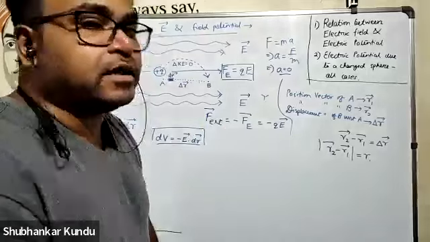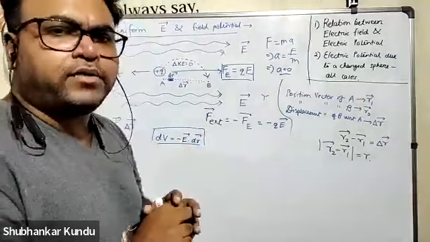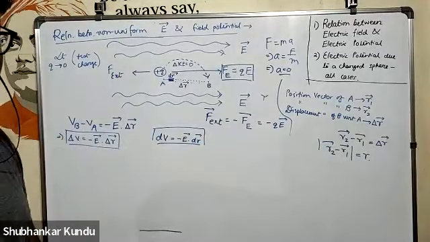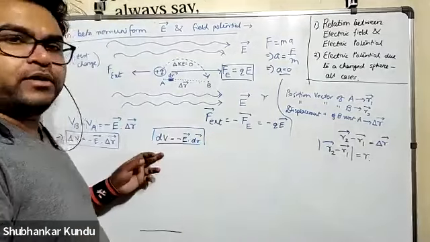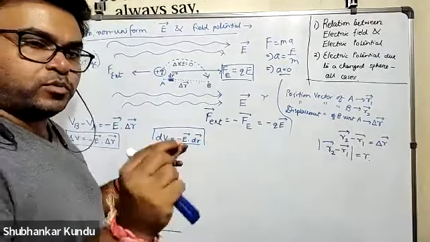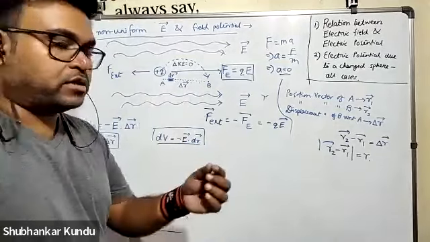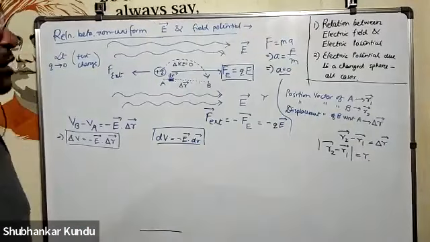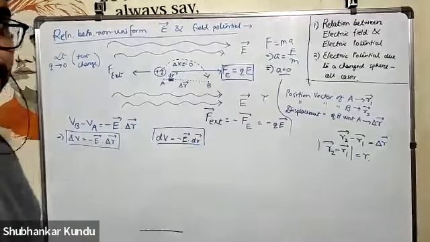So the potential difference will be given by the concept of uniform electric field, delta V is equal to minus E dot delta R. For this small length, small potential will be dV, and in place of delta we write dr because we're considering the small length only. Clear? So this is the small potential difference generated along this length dr.